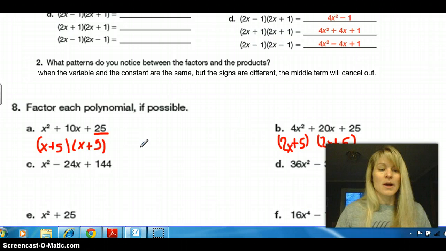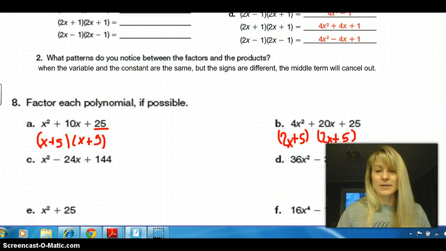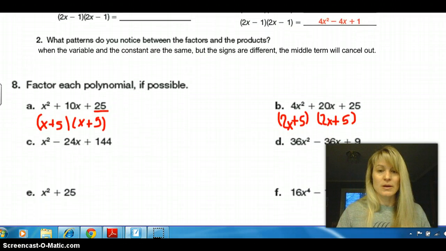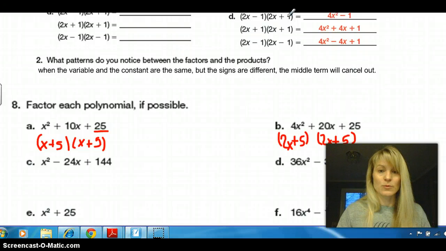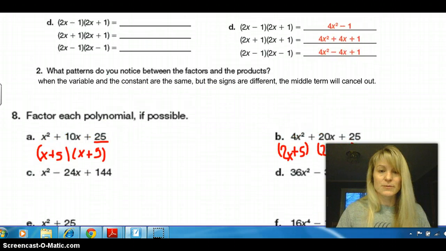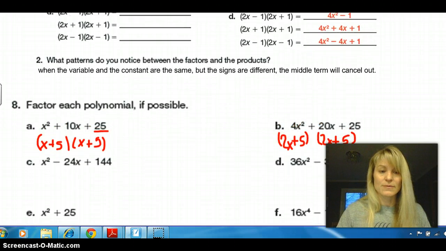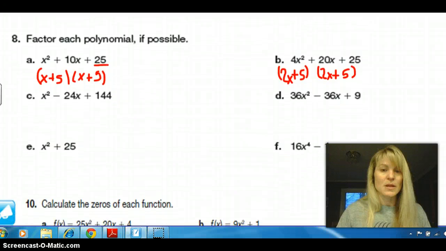Okay. Then when we get over to C here, we have a minus plus, which we learned our rule up here. That's a different kind, sorry, because we don't have the factor, we're factoring it. Okay.